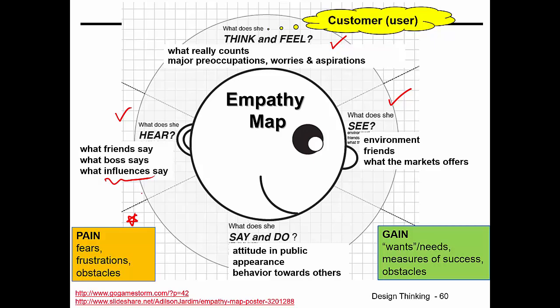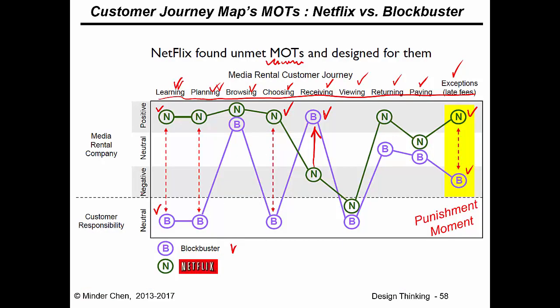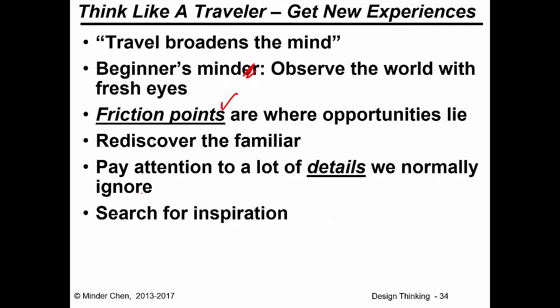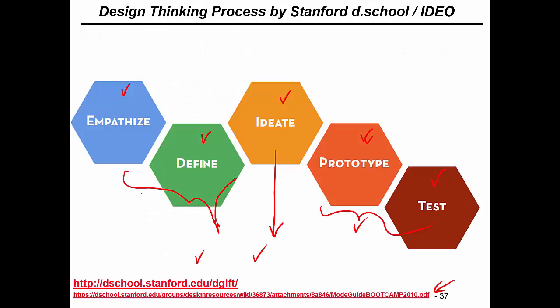Okay, there are a lot of other tools that can be used, but the process that we introduced in this lecture, which is empathize, define, ideate, prototype, and test, is pretty universal.